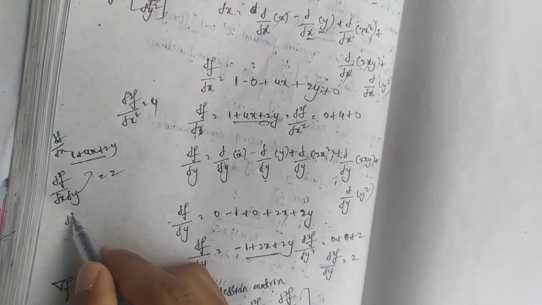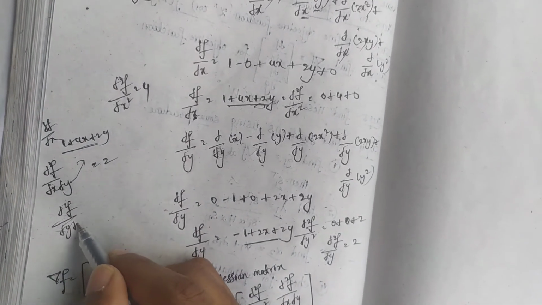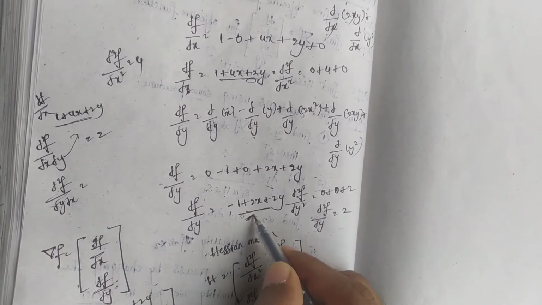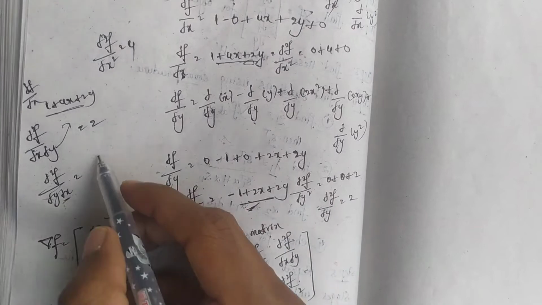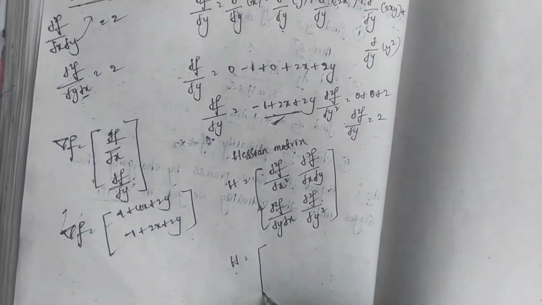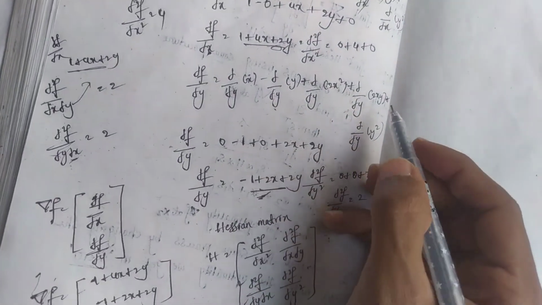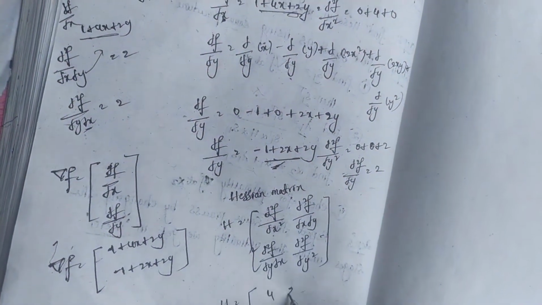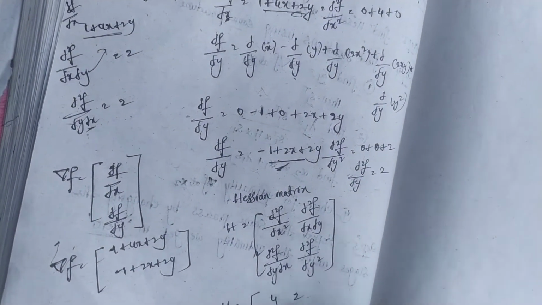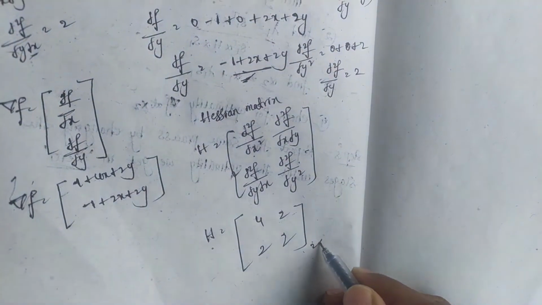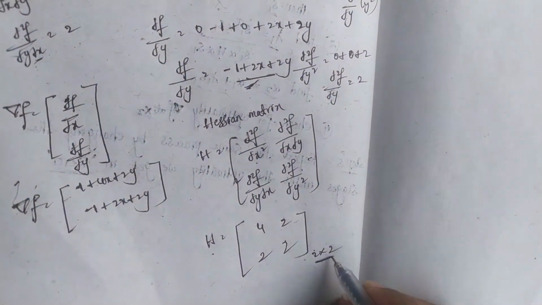Same as dou square f by dou y dou x, this is dou f by dou y, we have to differentiate this with x. So we get the value 2. That means the Hessian matrix H equals dou square f by dou x square is 4, and this value is 2, this value is 2, and this value is also 2. This is the Hessian matrix, which is in the form of a 2 by 2 matrix.